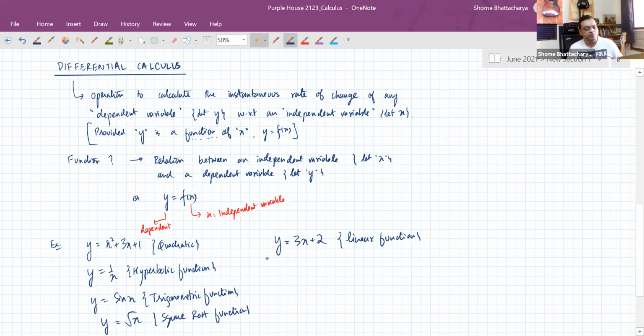Okay. But in all of them, remember, the convention that we use is whatever variable is on the left hand side is the dependent one, and whatever variable's expression is written on the right hand side, that is the independent variable. Okay.